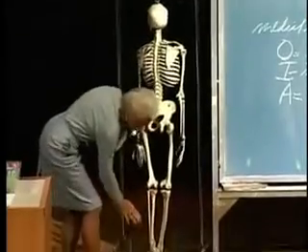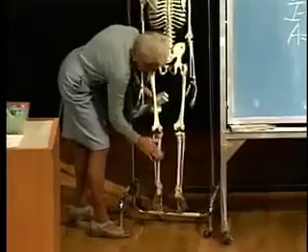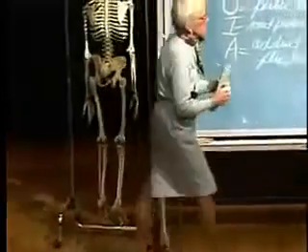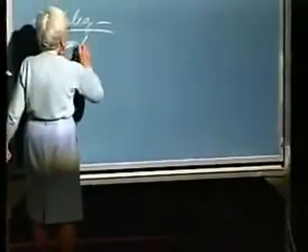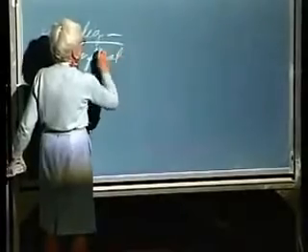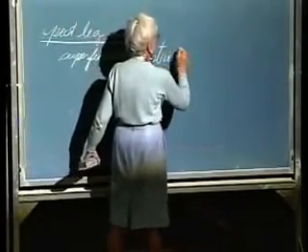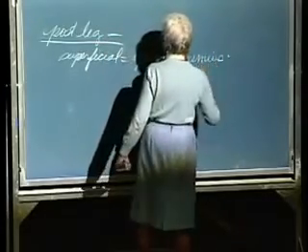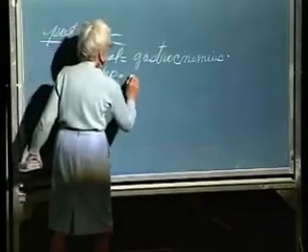The superficial one is the gastrocnemius, and the deep one is the soleus.